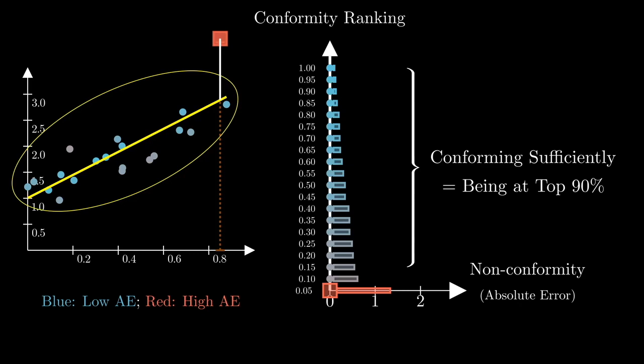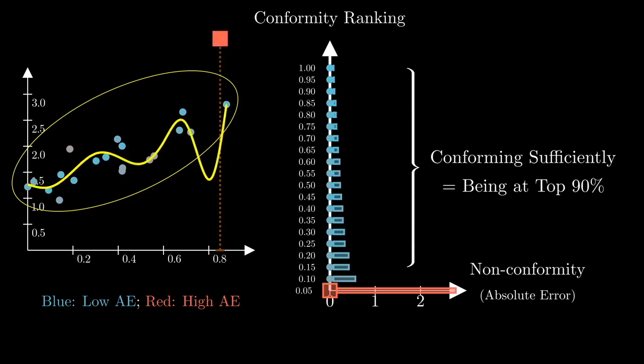To see this, let's fit a high-order polynomial instead of the line, and note how the non-conformity of the points inside the bag, that is, all the points except the square, decrease, but the non-conformity of the square increases.